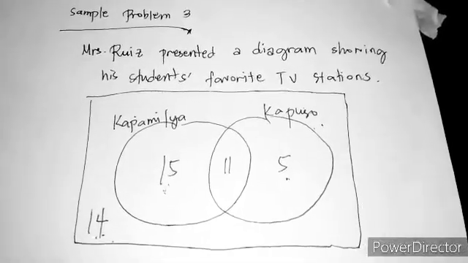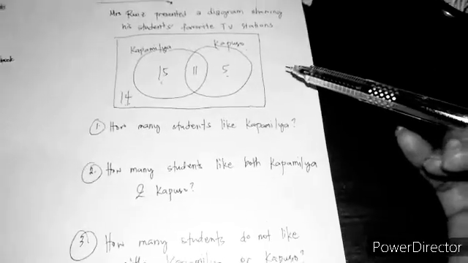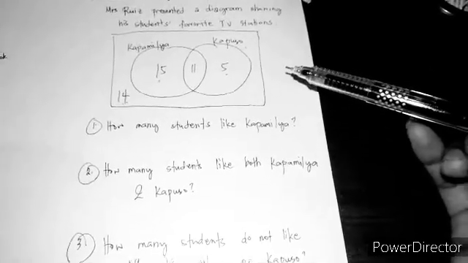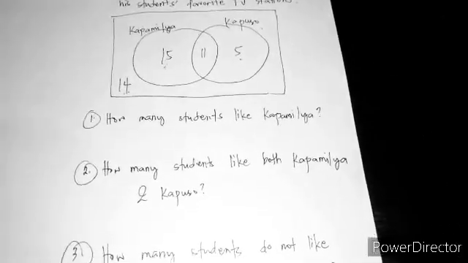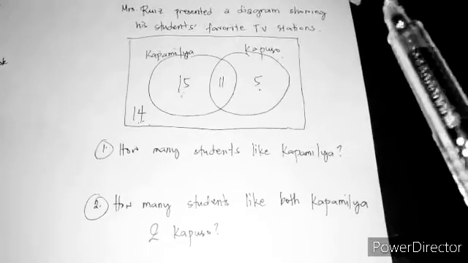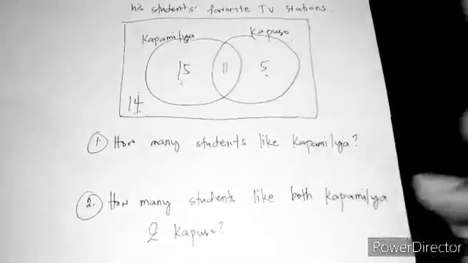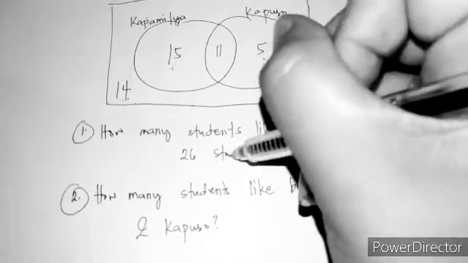Now let's answer the following questions. Okay, first question, just look at the diagram. How many students like Kapamilya? We have 26 students.